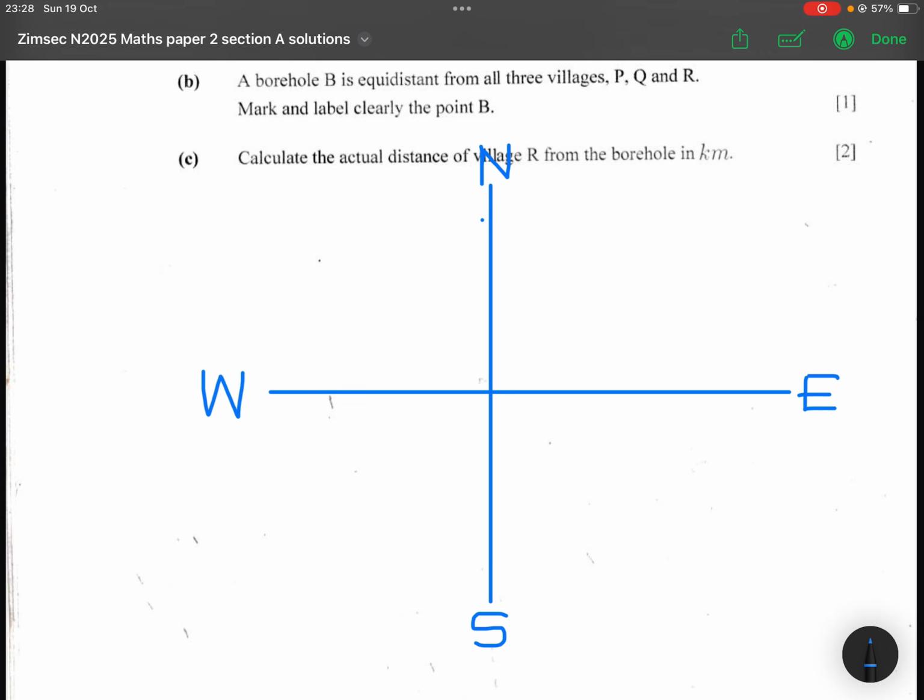So if they are saying north 45 degrees west, it means that first of all, we look at the north, and then we need to measure 45 degrees towards the west. So we are going to have something like this. So this one is supposed to be our 45 degrees. And this one is supposed to be our Q.